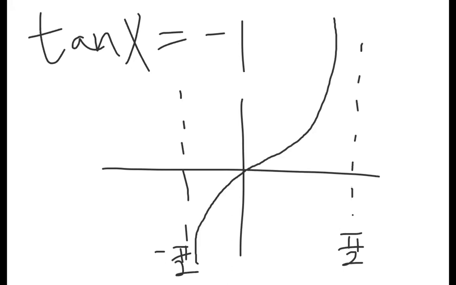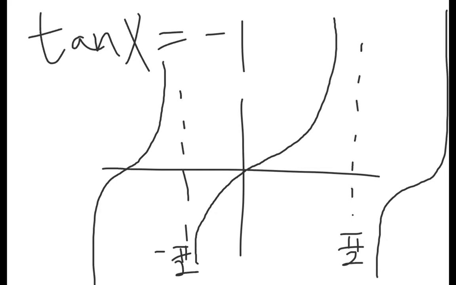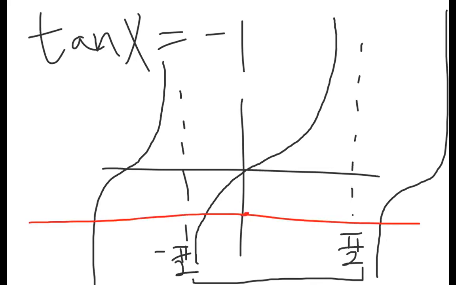And because this is periodical, you just repeat this pattern over and over again. So we are only interested in the region between minus pi over 2 and pi over 2. When tangent x equals -1, basically we want the intersection with y equals -1.